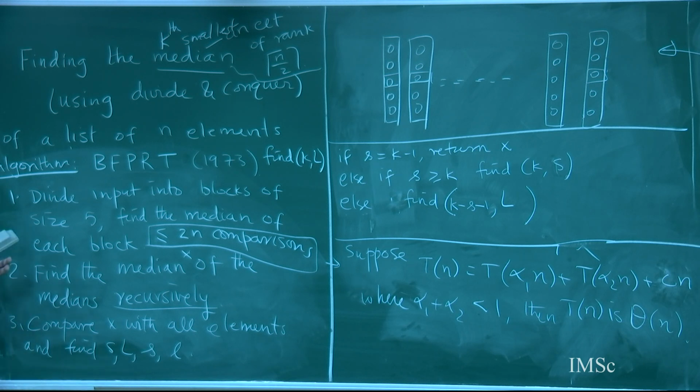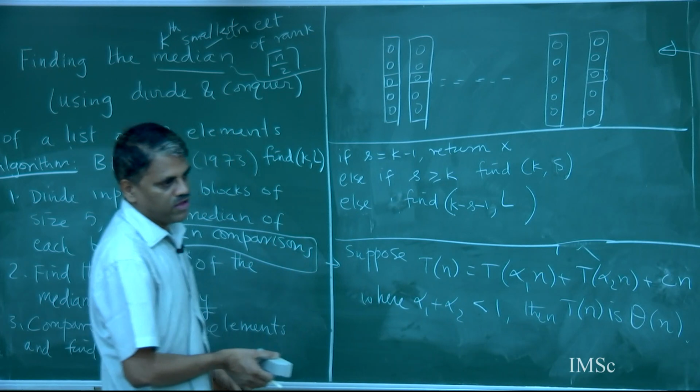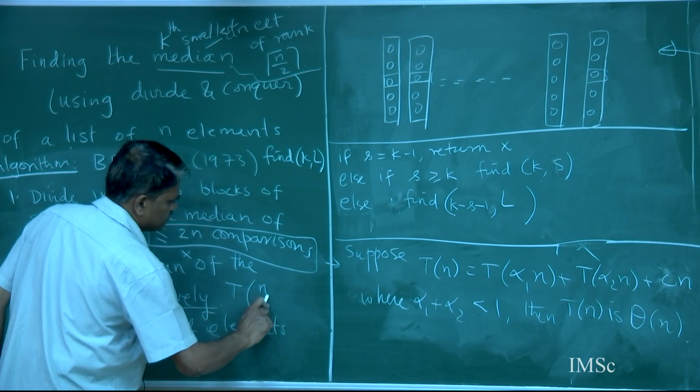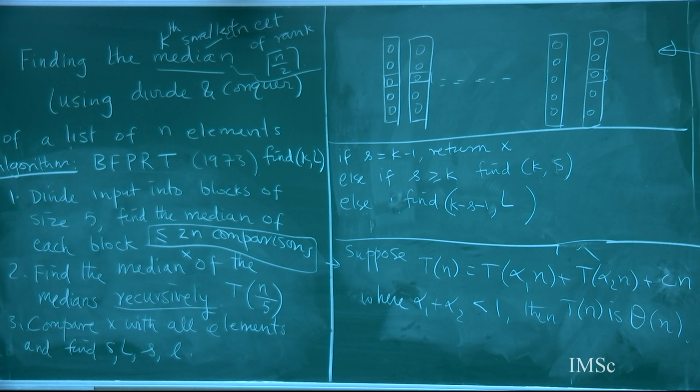Totally there are, we divide it into, so it's T of n over 5, ceiling n over 5 more precisely. So this is T of n over 5. And step 3, all you're doing is comparing x with all other elements. So that's n minus 1 comparisons.